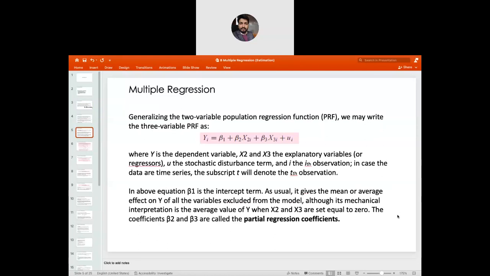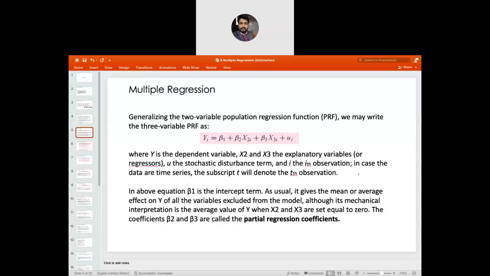We have seen everything about simple regression, in which there was one x that determined one y. Now our y depends on two x's rather than one. So this is the simplest of multiple regression models, and these two x's are x2 and x3.